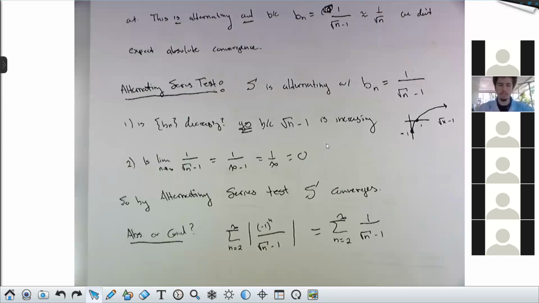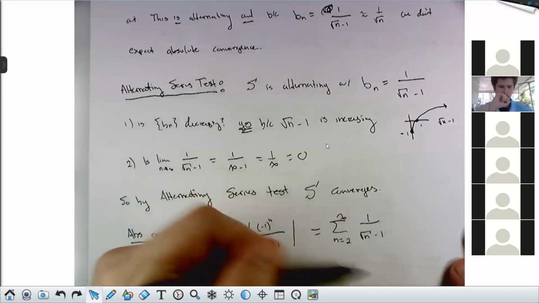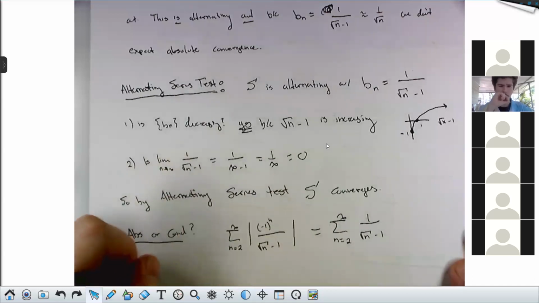And the top has absolute value 1. It's just +1 -1 +1 -1. And here, I think the easiest way to do this is with a direct comparison test. So direct comparison.